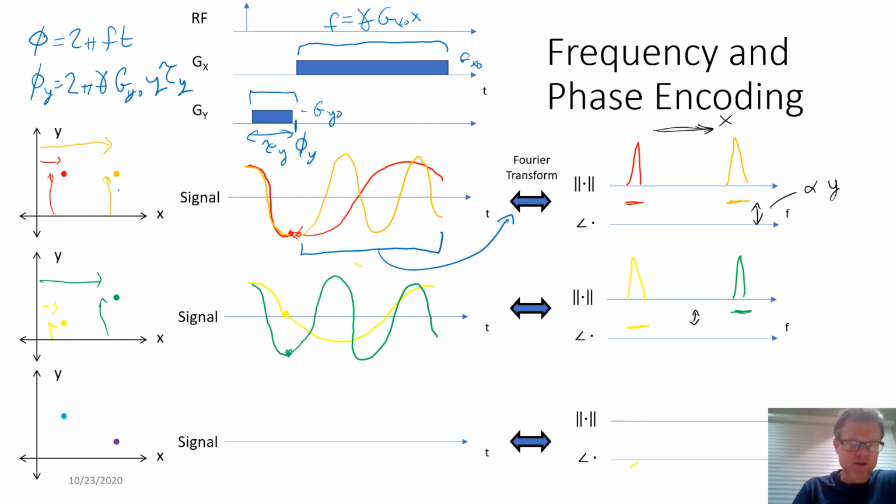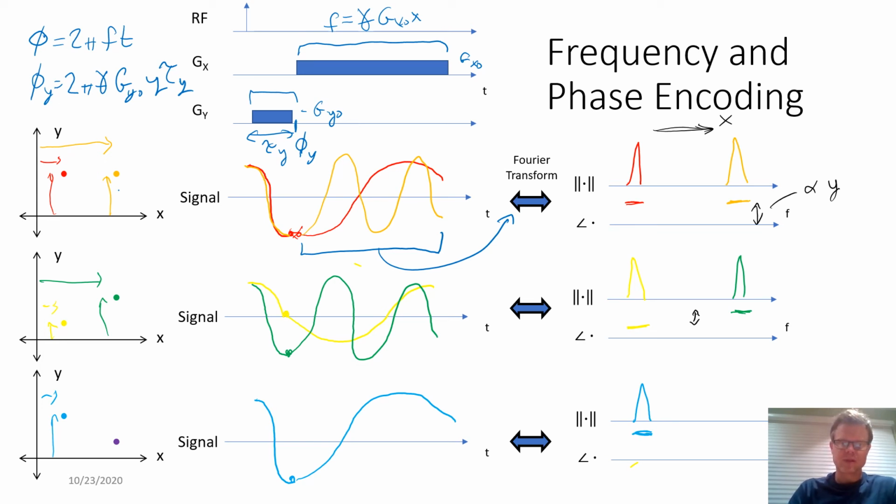And let's run through this third example as well, where now things are mixed up, as they should be. We have a high offset in the y dimension, so we're going to get a large initial phase accumulation during the phase encoding, and then a small offset in x, so we'll get low frequency during frequency encoding. So we end up at the low frequency, but with a high phase offset.